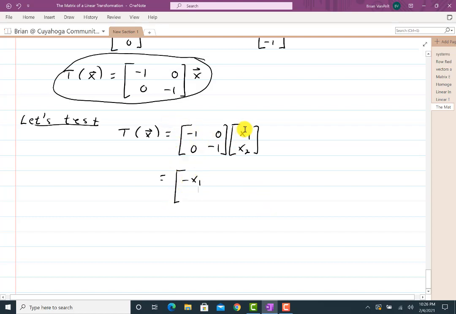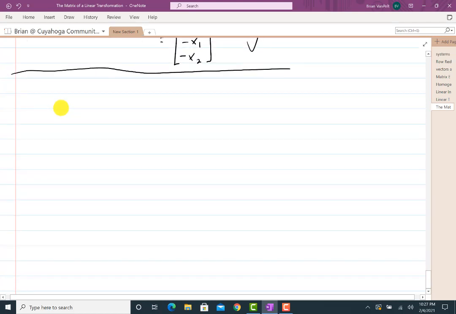Similarly, 0 times x1 minus 1 times x2. And sure enough, it most definitely checks out. Inevitably, whatever book we're using at the time of this class, they'll have other transformations that you can take a look at. I'll leave them to you. Basically, follow the basis vectors and you can't go wrong.